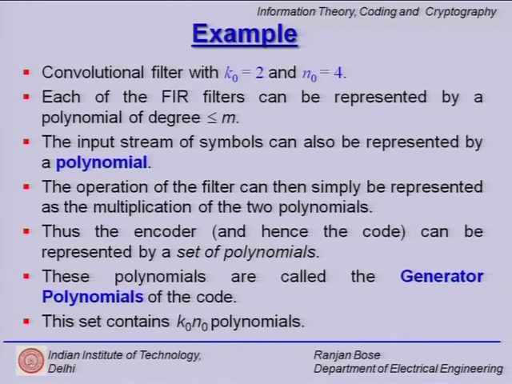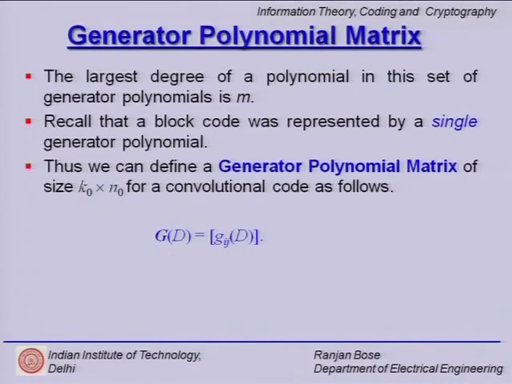So, we just now saw an example of k naught equal to 2 and n naught equal to 4, but can we represent this encoder using a polynomial matrix or generator polynomial matrix? Well, the answer is yes. All we have to do is learn how to do an input output relationship. The largest degree of a polynomial in this set of generator polynomials is m.